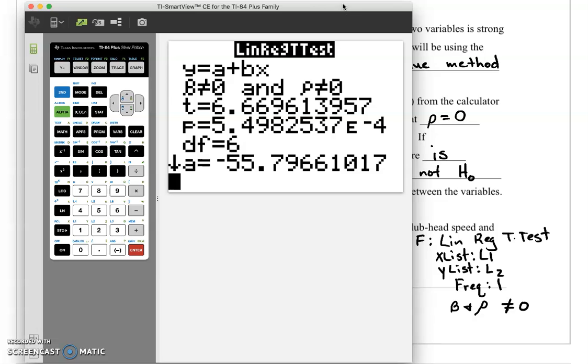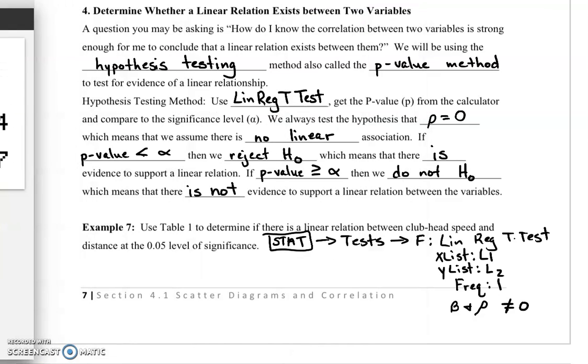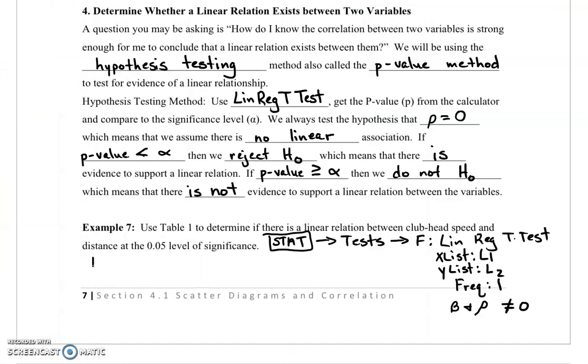Remember, a p-value is a probability, so it cannot be bigger than 1. And so we have to look out for this e to the -4 over here to the right, which is scientific notation. So our p-value is 5.498 times 10 to the -4, or 0.0005.